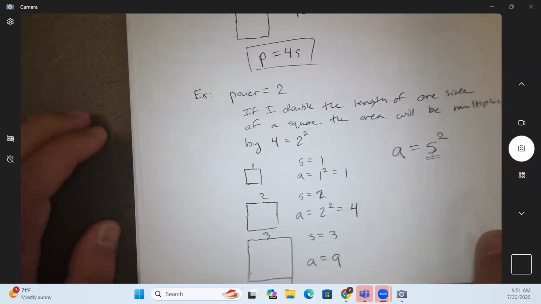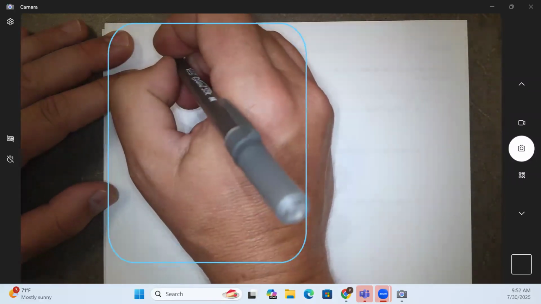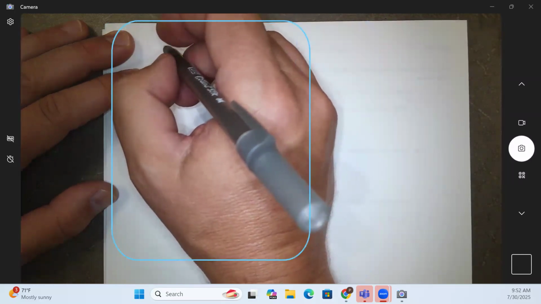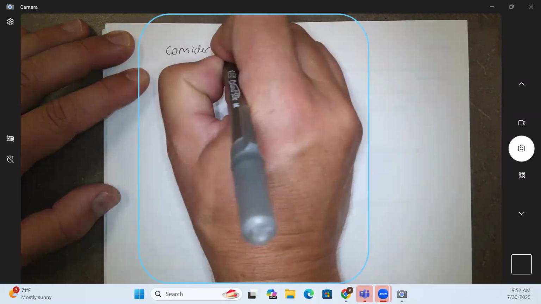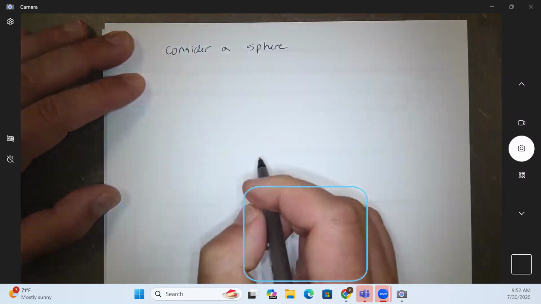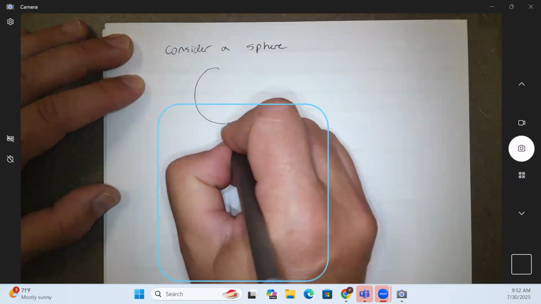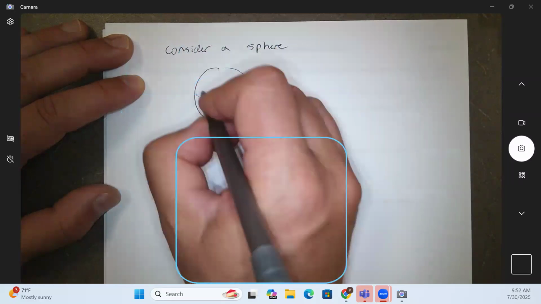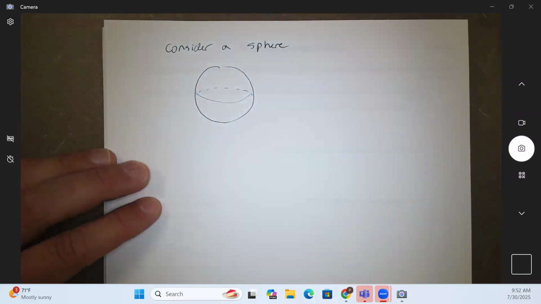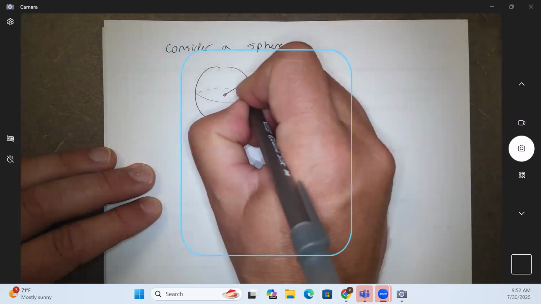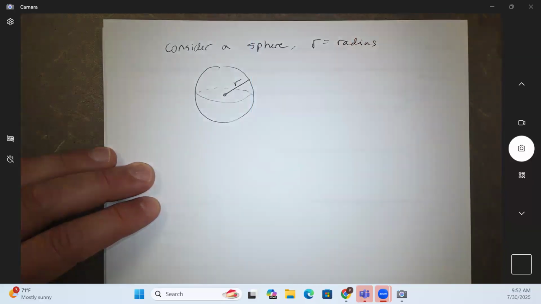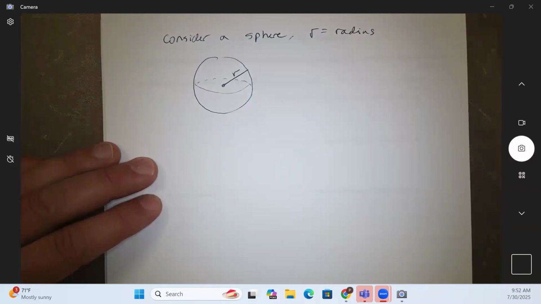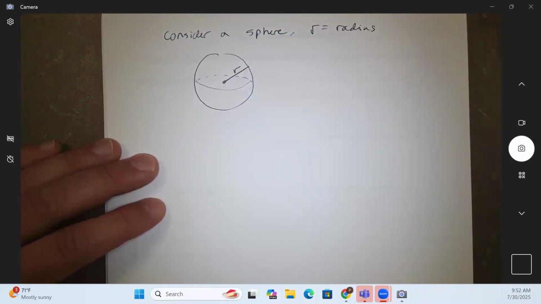Right? I just want to do one more, which is to consider a sphere. And so there's my sphere. It has a radius. R is the radius. So we can talk about different geometric ideas with this radius.